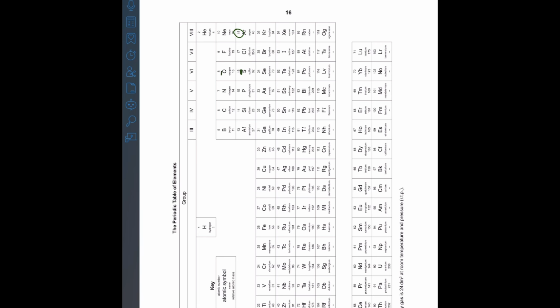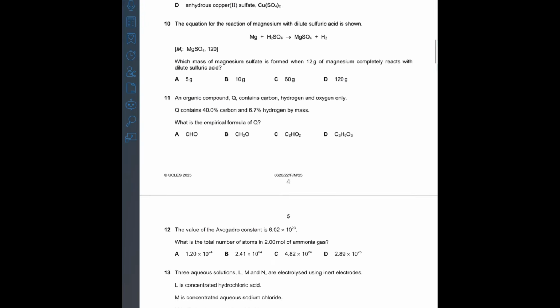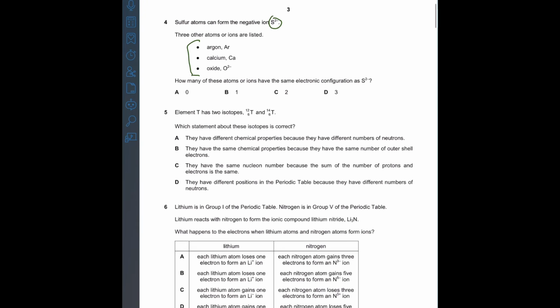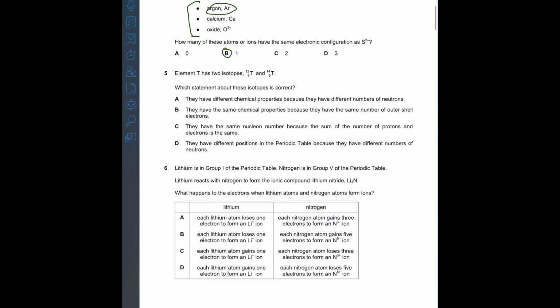If we look at oxygen, if oxygen becomes oxide, it will gain 2 electrons, it will have 10, not the same as the sulfur ion. And calcium has 20, which is 2 more than our sulfur negative ion. So the answer is only one of them has the same electronic configuration, which is argon. So it's B.